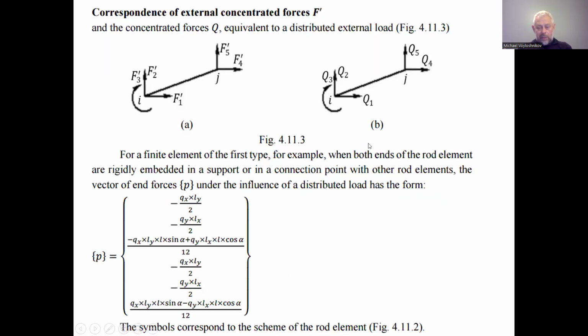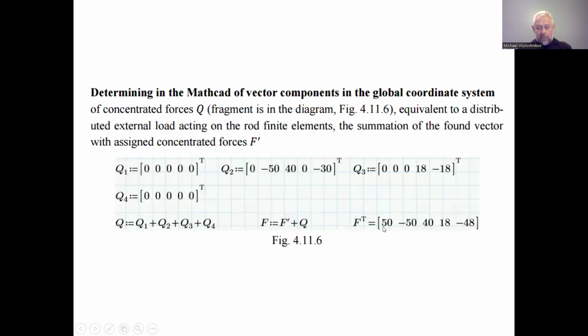So we find the whole vector of the forces if we substitute the action of the concentrated force assigned in the exercise, and the forces which we can determine as a substitute of the distributed load within the element of the mechanical system.